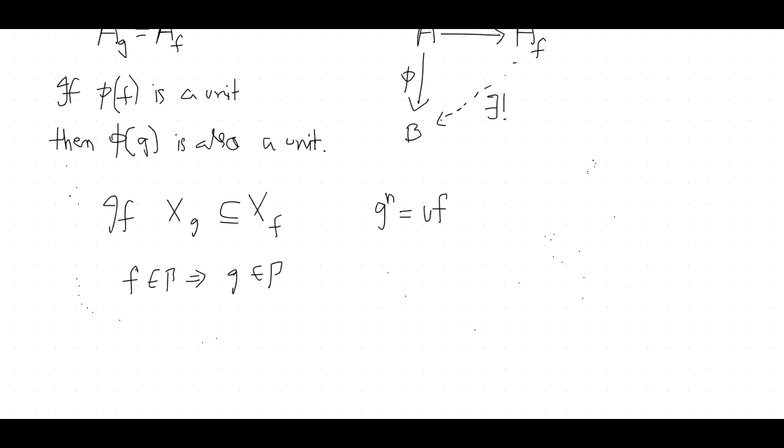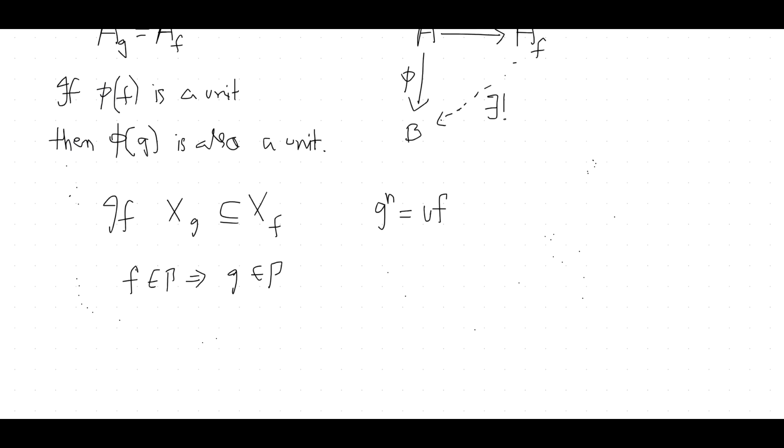So now you want to define a homomorphism from AF to AG. And what did we have?